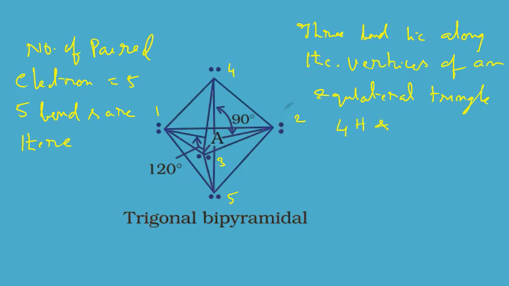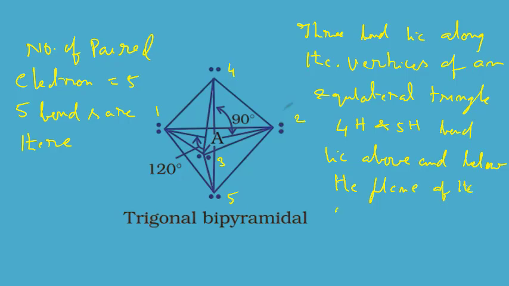The fourth and fifth bonds lie above and below the plane of the molecule. Therefore, the shape is trigonal bipyramidal. An example of a molecule of such a shape is PCl5, phosphorus pentachloride.